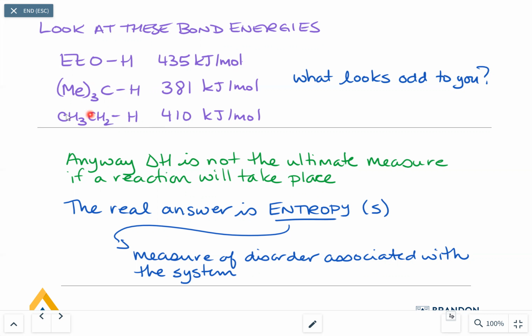And if you've got ethane, the bond energy is 410 kilojoules per mole. So the carbon-hydrogen bond 410, carbon-hydrogen bond 384, oxygen-hydrogen bond 435. So think about this before we go to next class, and what looks odd about it.